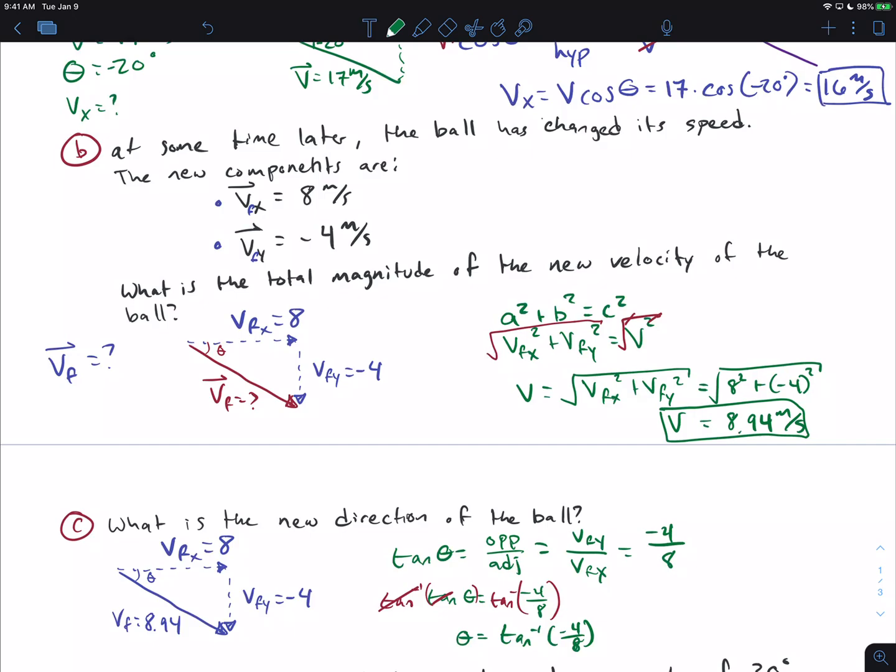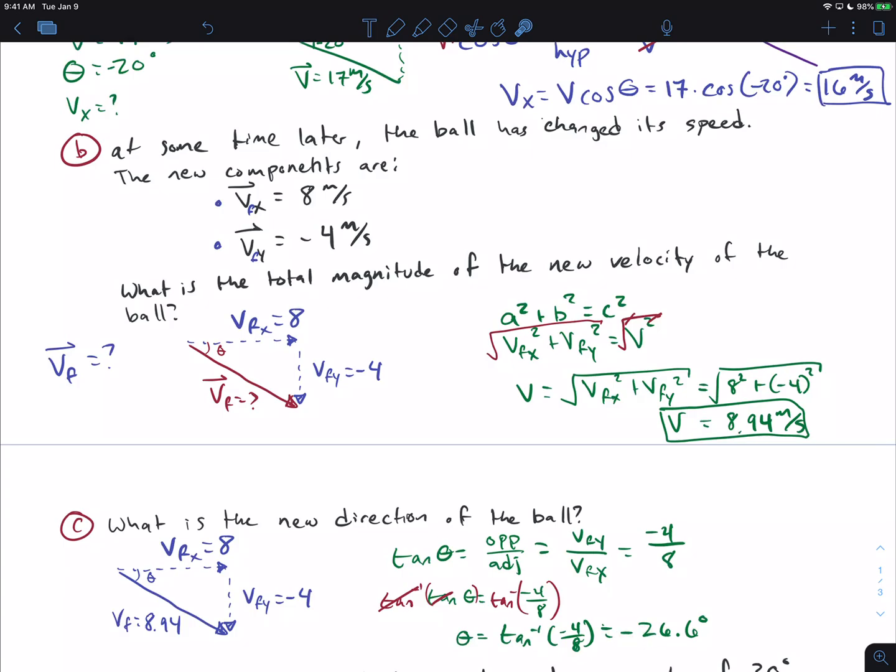So if you get, let's say, a very small answer, like 0 point something or negative point something, then you want to check to make sure that your calculator is in degrees. The answer that I have here is -26.6 degrees.